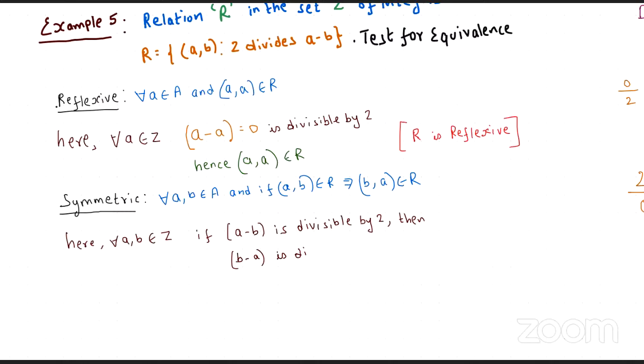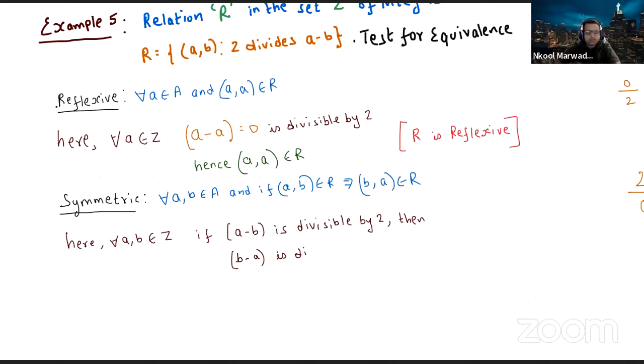So either I do A minus B or B minus A. If A minus B is an even number, or if it is divisible by 2, then B minus A will be an even number. It will be divisible by 2.